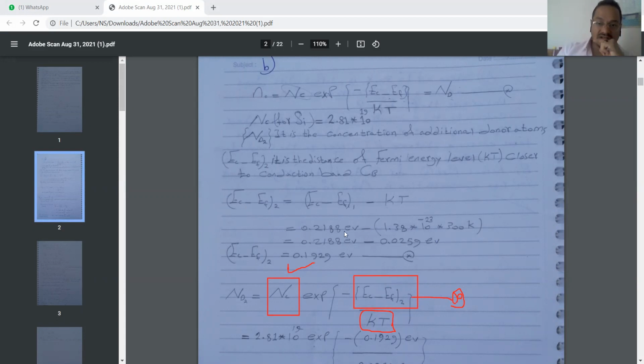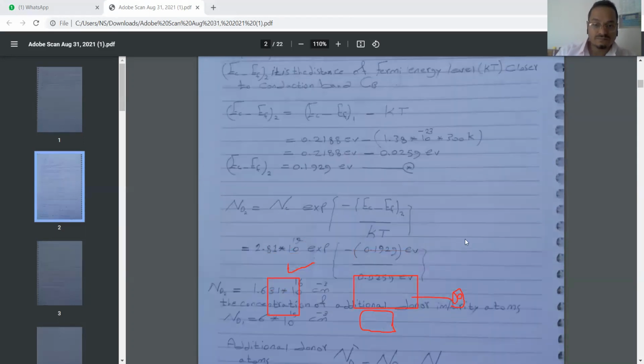After that, we calculated it. The result was 0.1929 electron volt. We can put this result directly here. We know the result of kT, and it's constant because we know it at room temperature. Let me delete all of that. Yes, that's it.